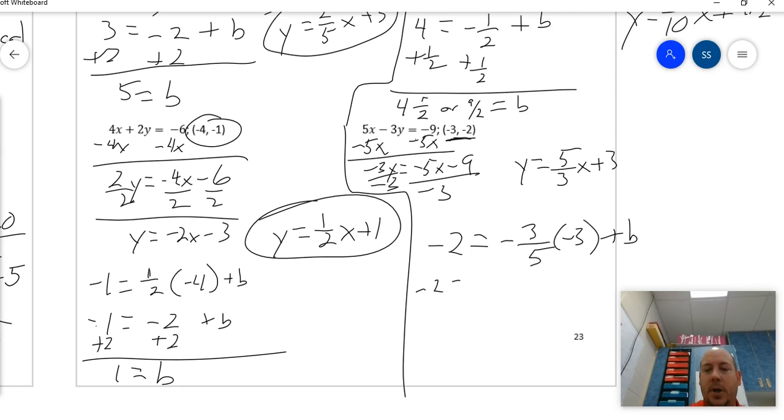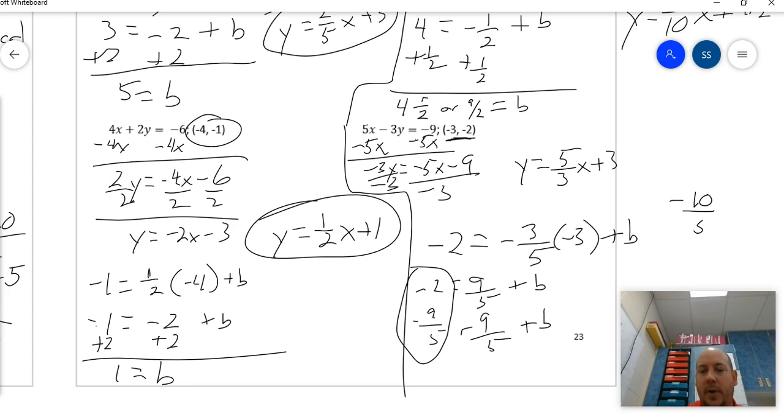So -2 equals, negative times a negative is positive, so that's 9/5 plus b. Okay, so I'm going to subtract 9/5. Now if you're struggling a little bit with this, remember -2, if I make it in fifths, is negative 10 fifths. If I take away 9 fifths, okay, that's negative 19 fifths. Okay, so that's my b value.